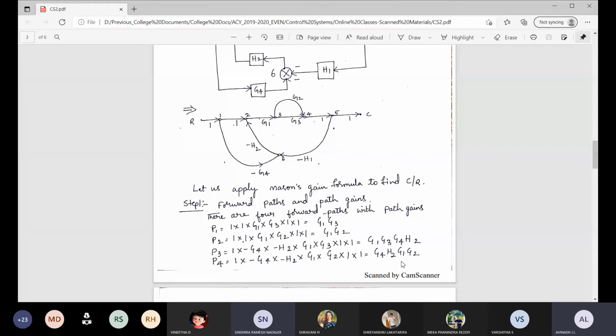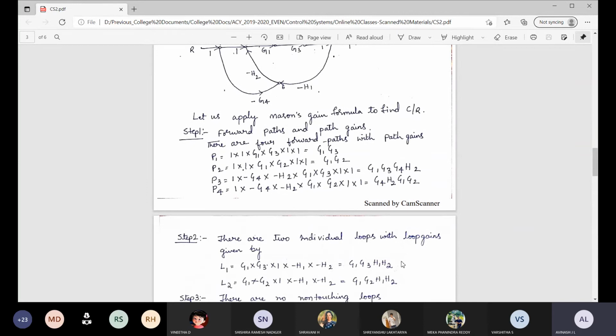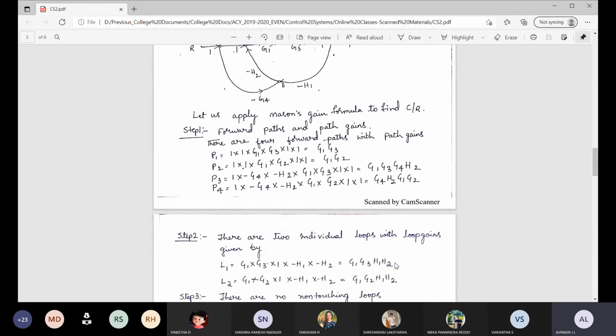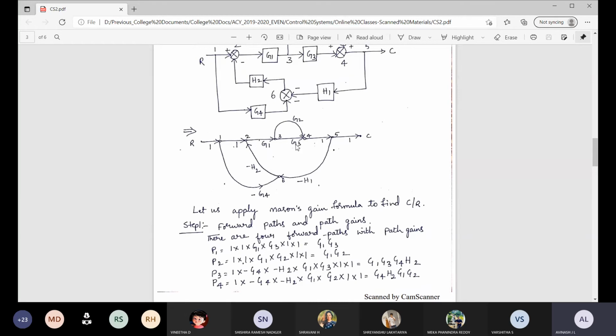So 1 minus G4 minus H2, and 2 minus H1. Okay, so 2 loops we have found out. So you can see G1, G3, 1 into minus H1 into minus H2, so G1 G3 H1 H2. Minus into minus is plus, so it will become minus H1 H2.